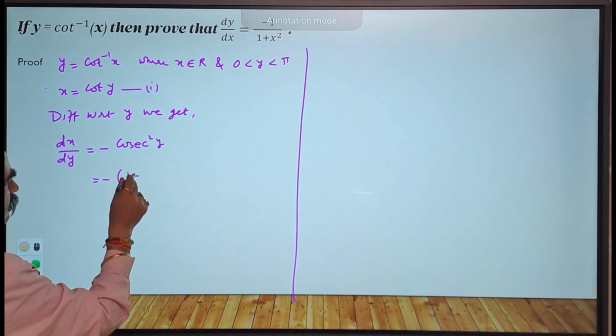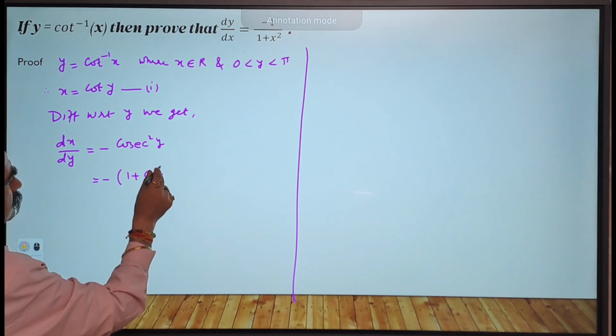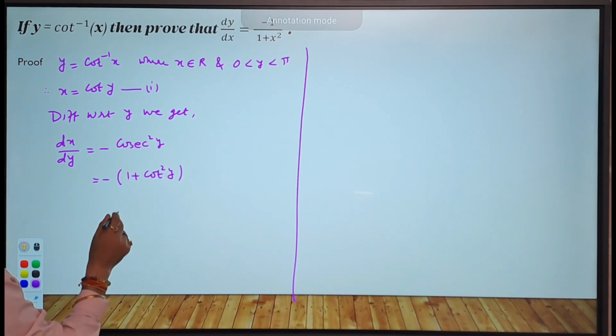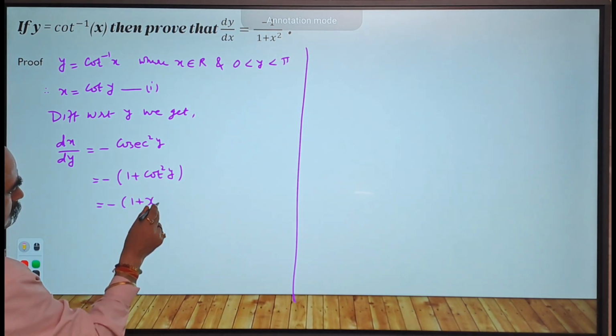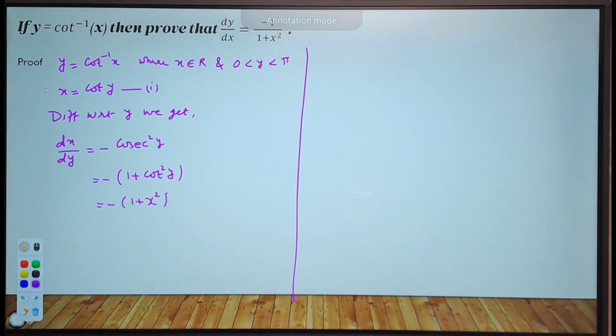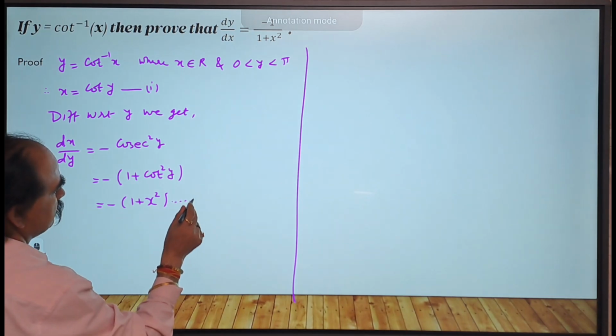Cosec square y is 1 plus cot square y, which is 1 plus x square, from 1.